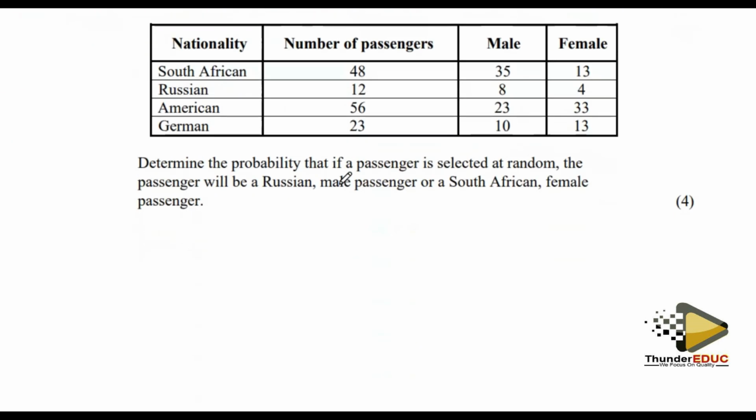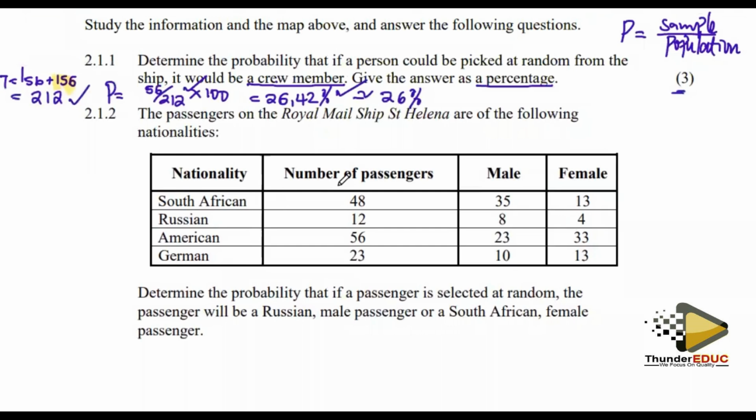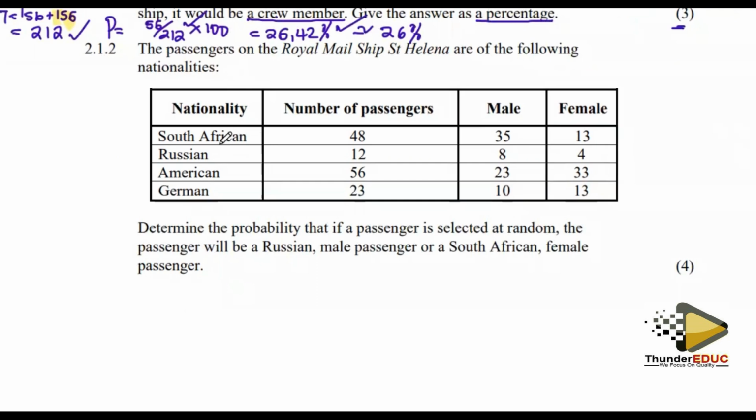All right, we look at question 2.1.2. The passengers on the Royal Mail ship St. Helena are of the following nationality. We have people from South Africa, Russia, America, and Germany.